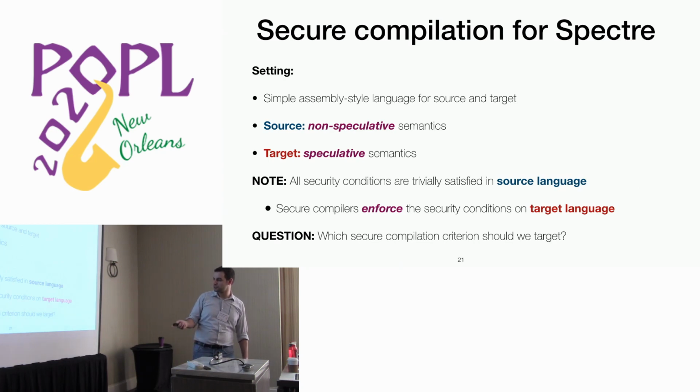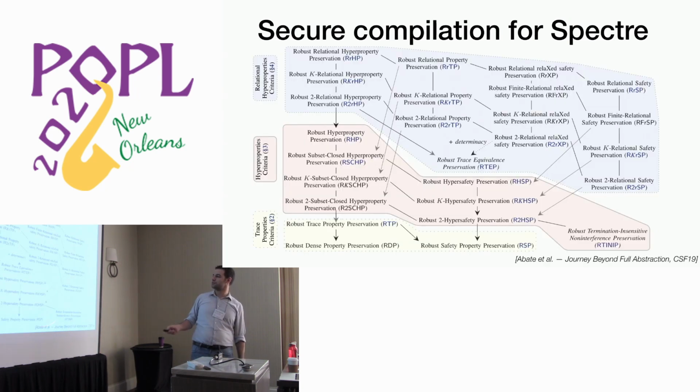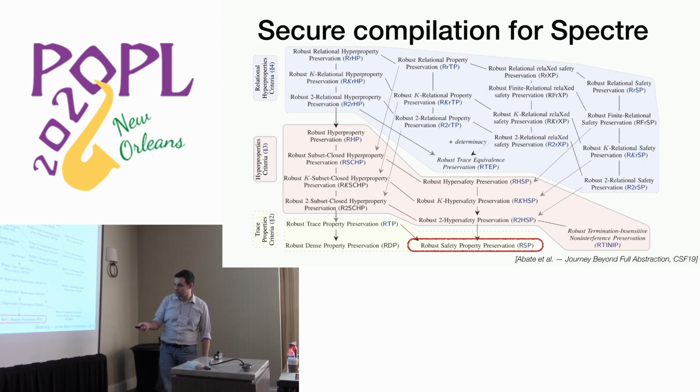And the main question is, which security criterion should we get? So we can turn to the fancy diagram from Carmine. Following our insights on the properties enforced by countermeasures, we have two main ideas. The first is that we could try some variant of robust safety property preservation, since current countermeasures effectively enforce safety properties.